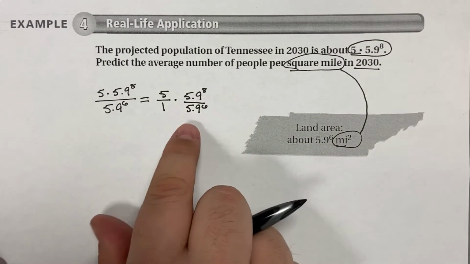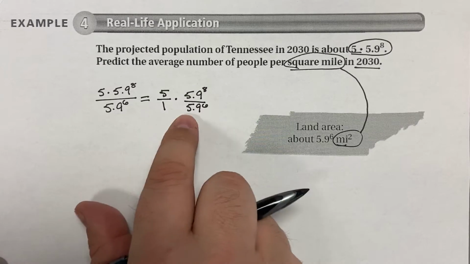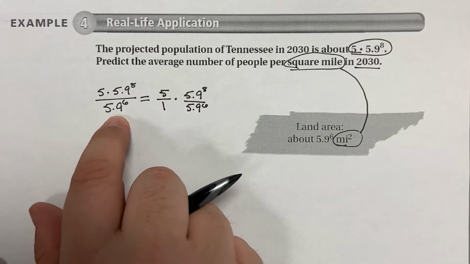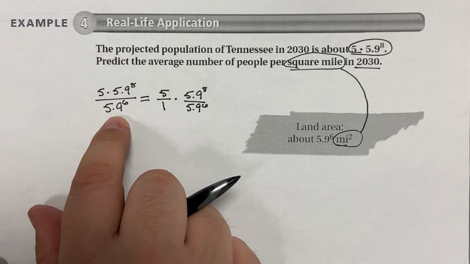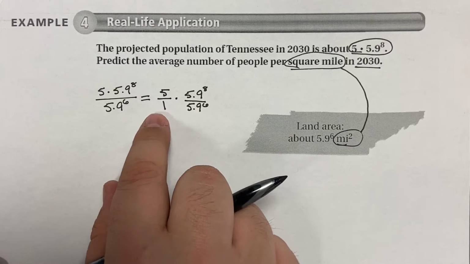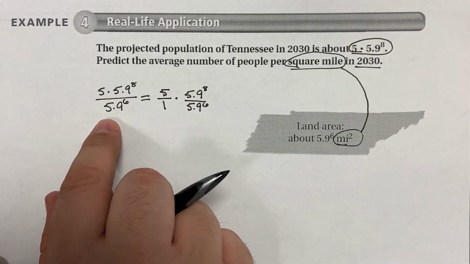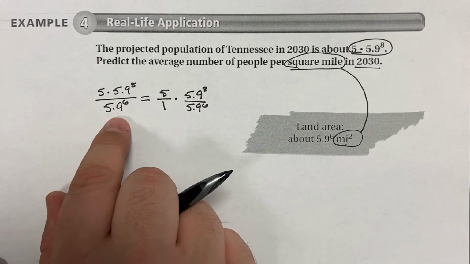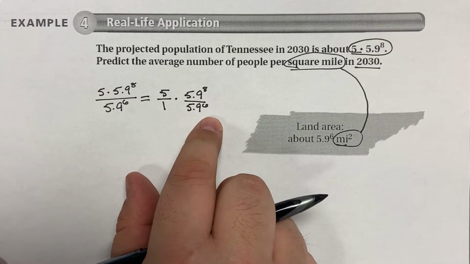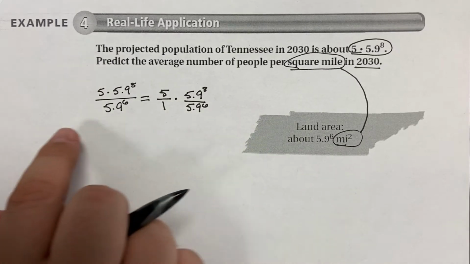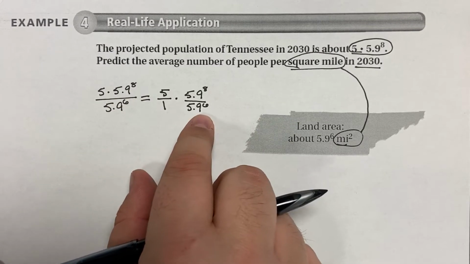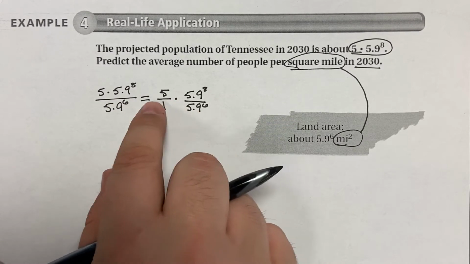If I take 1 times 5.9 to the 6th, I just get 5.9 to the 6th. So if you think about this in reverse of what we're used to doing, we're used to saying 5.9 to the 6th times 1 equals 5.9 to the 6th, but it's also true that 5.9 to the 6th is equal to 1 times 5.9 to the 6th. And when we're multiplying fractions, we multiply straight across. So this is the same as over 1 times 5.9 to the 6th, which is the same thing as all of that.